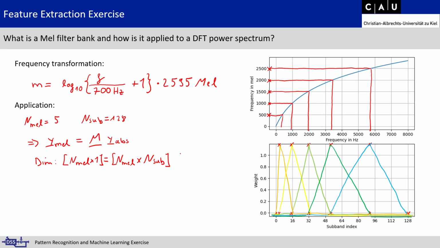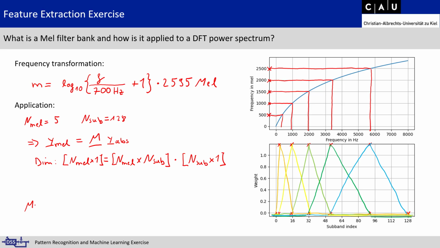And then the matrix M should be of size nMel times nSub, which in our case would be 5 by 128. And it has to be nSub in the second dimension because we multiply it against our vector in the DFT domain, which is of course of length nSub.